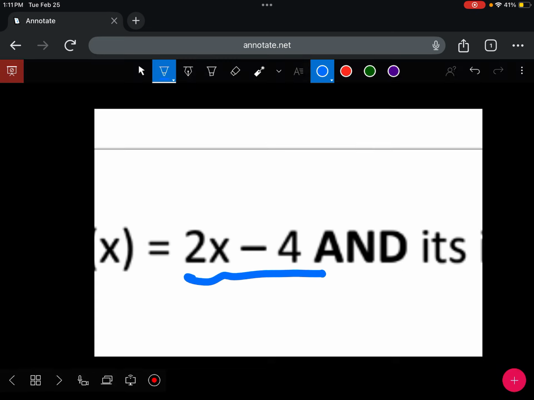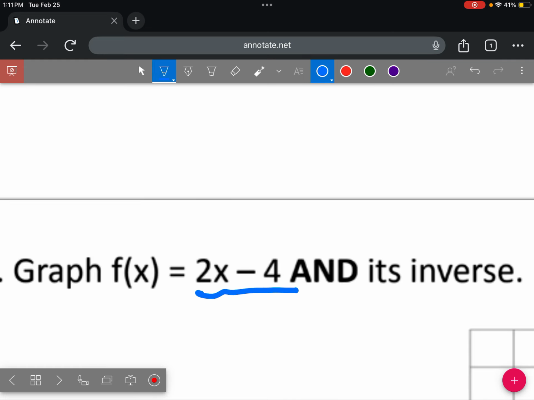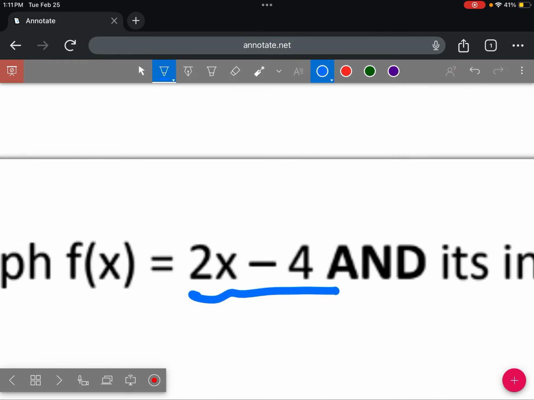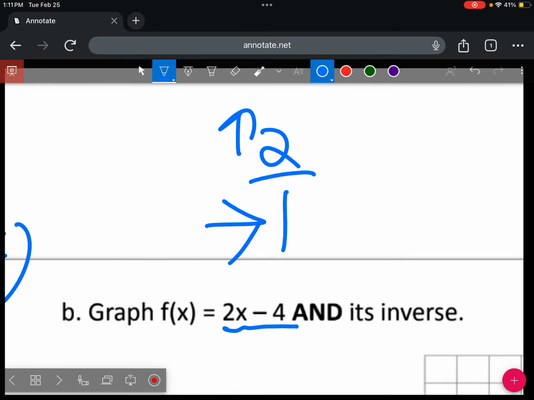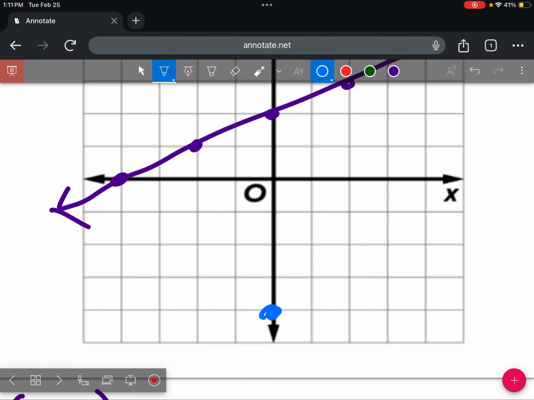Hannah, what's our slope for f of x? 2 over 1. All right. Top number tells me what, Brendy? Up, because it's positive, guys. This one tells me right, because it's also positive. Very good. Up 2, right 1.